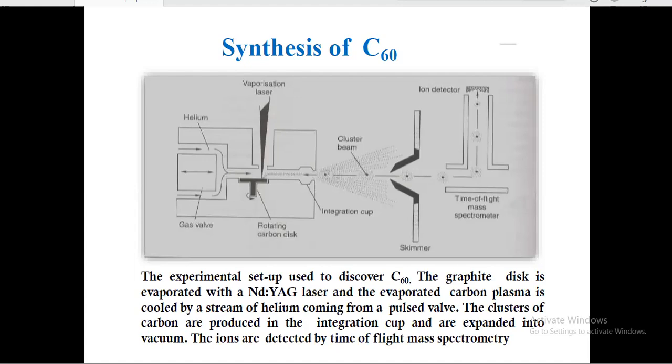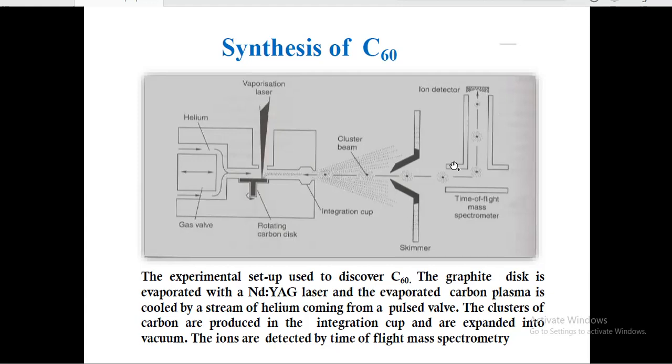The evaporated carbon plasma is passed through this cool helium stream, forming a pulsed wave. Then the cluster of carbon is produced in the integration cup, and expanded into the vacuum.